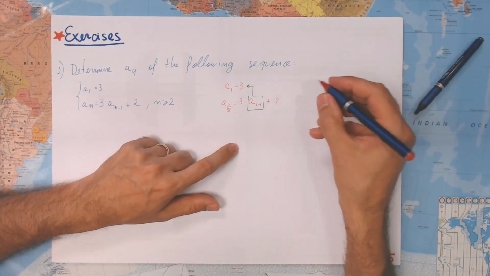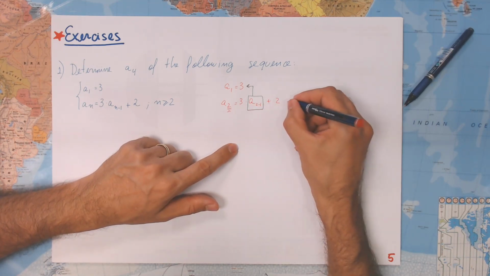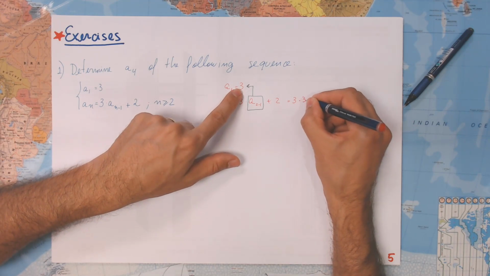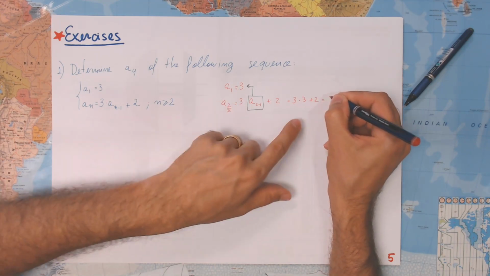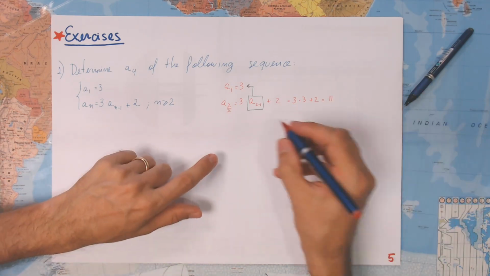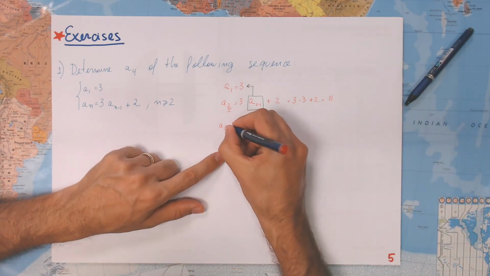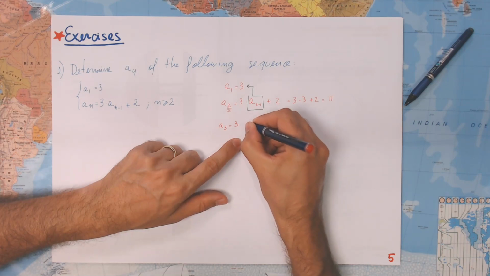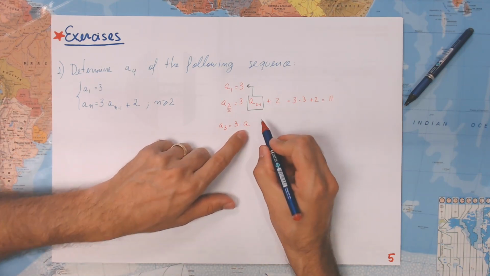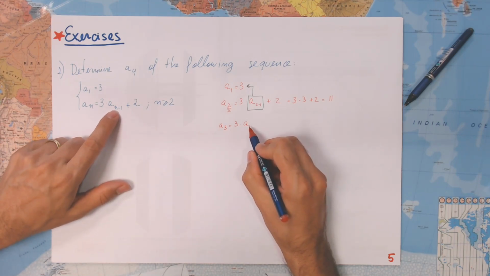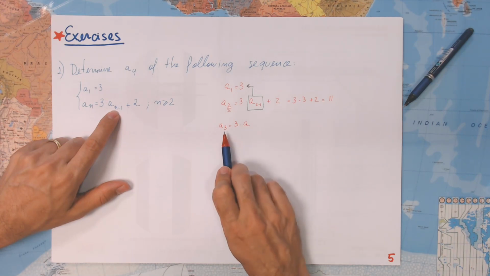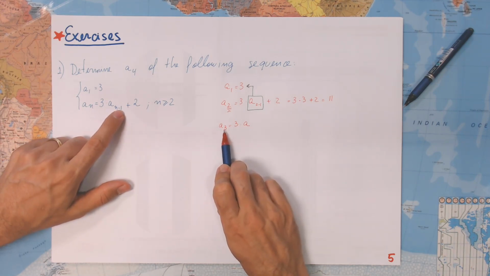So this is just 3 times 3 plus 2. This is 9 plus 2, 11, right? Good. A3. 3 times a. I'm going to go straight now. What is the third? The rule is here, n equals 3, 3 minus 1, 2.